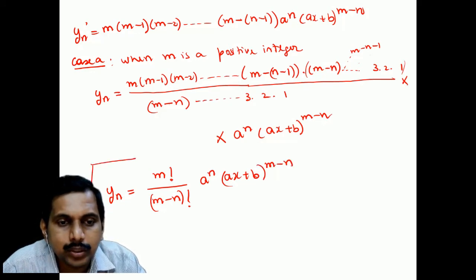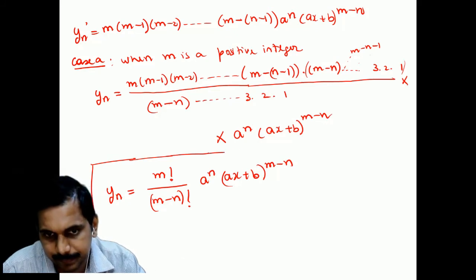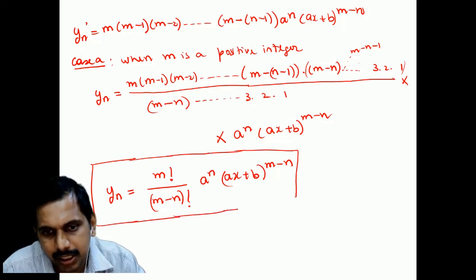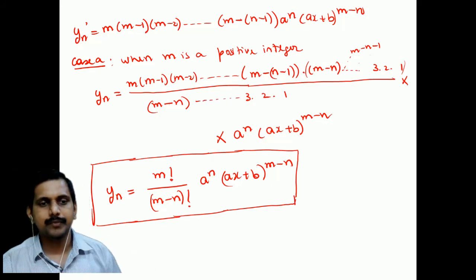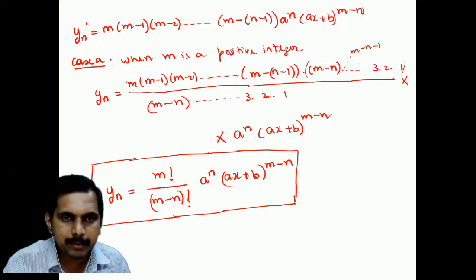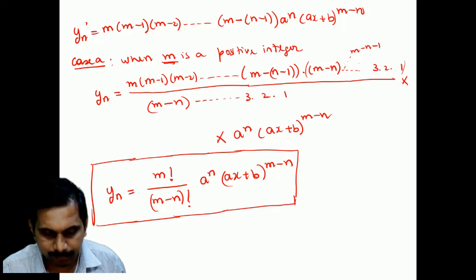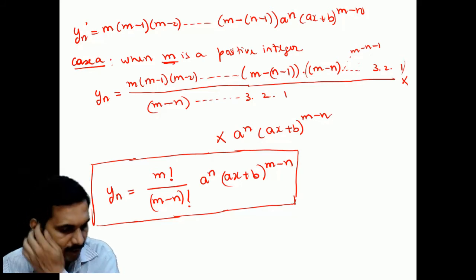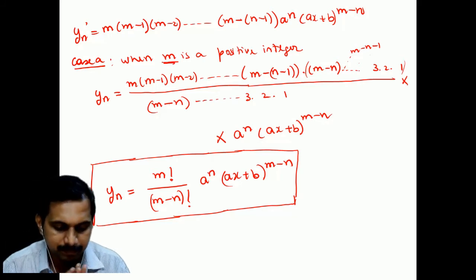This will go down in your formula book, students. Kindly write this as one of the formulas in your formula book. That is when m is a positive integer. Any doubt, students? Please ask me.